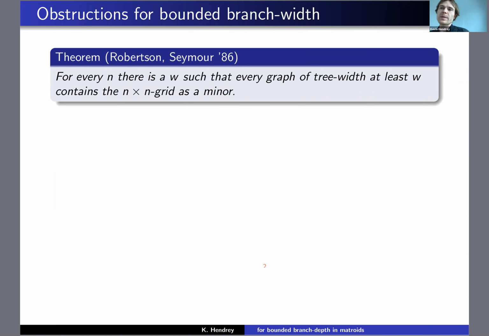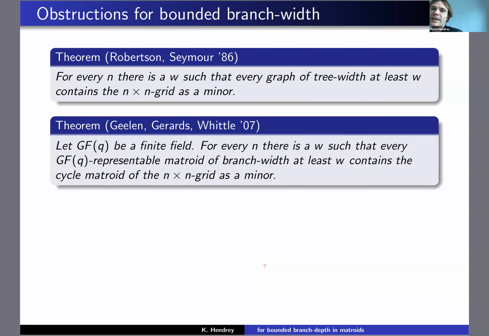But since branch width and tree width are tied for graphic matroids, we could also say that if a graphic matroid has large branch width, then it must contain a minor which is the matroid of an n by n grid. But this turns out to be true more generally.